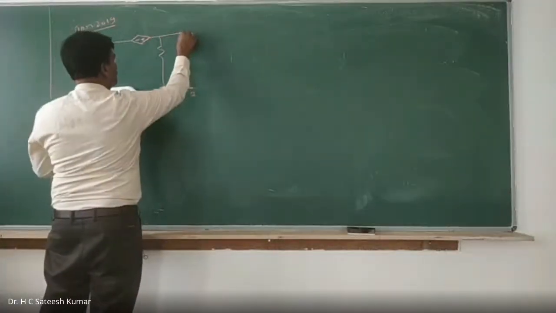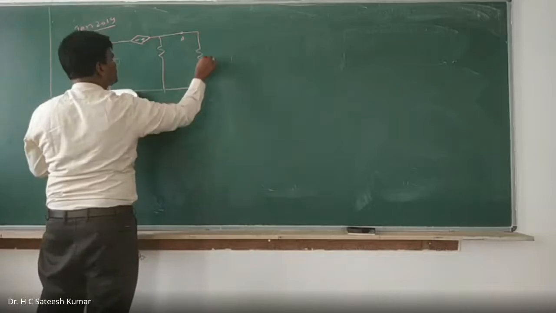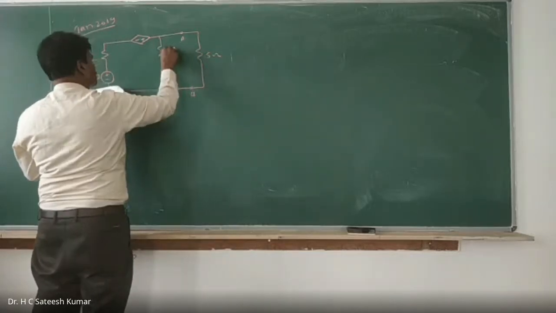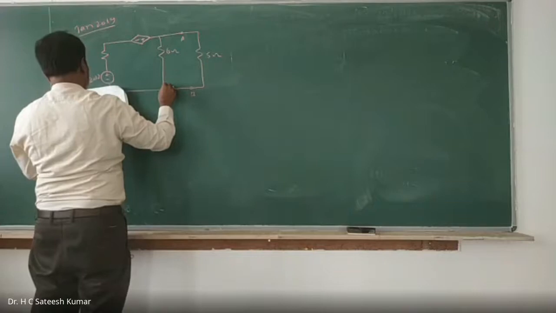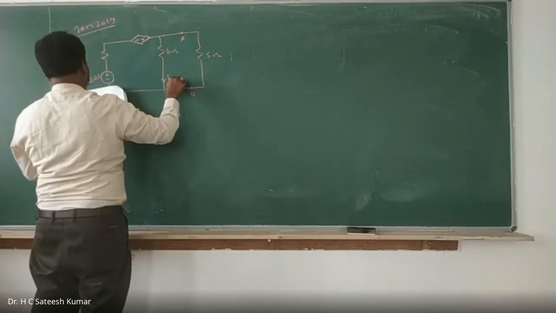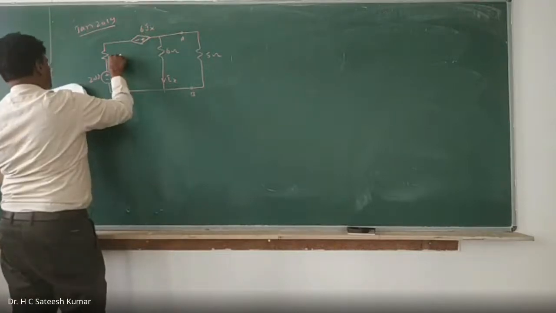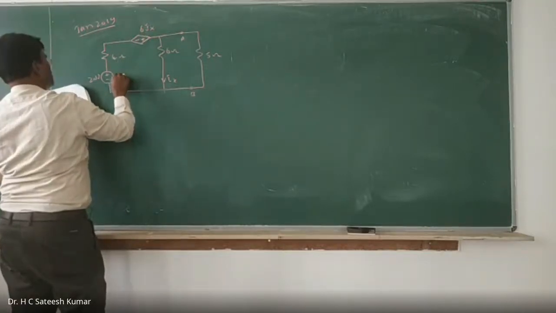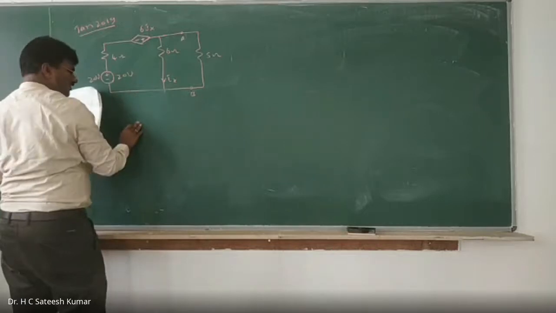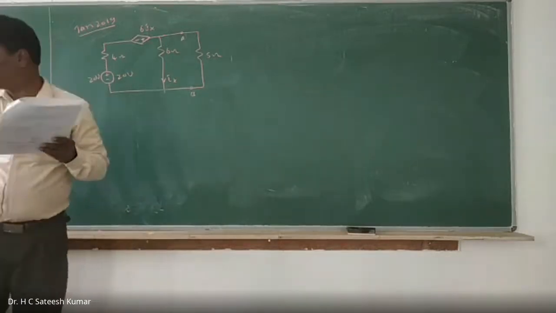There is a 5 ohm resistor, 6 ohms, and this is Ix. This is 6Ix, 4 ohms, 20 volts. Some of the problems may be repeated. If it is repeated, please tell me. I'll skip the problem.